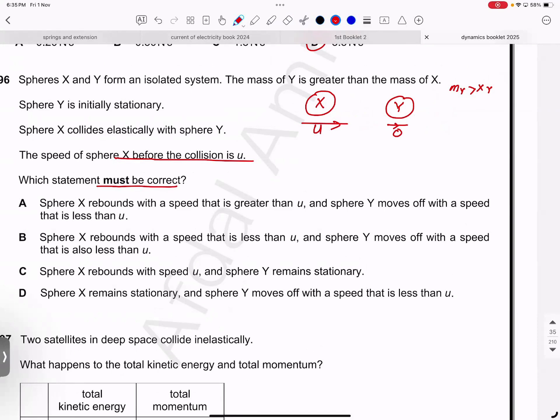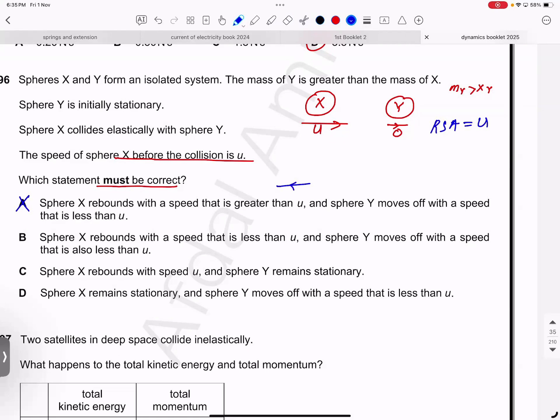Sphere X rebounds with a speed that is greater than u, and Y moves off with a speed less than u. First of all, it is not possible. Why? Relative speed of approach is u. Option A says it rebounds with greater than u, choose anything greater than u.